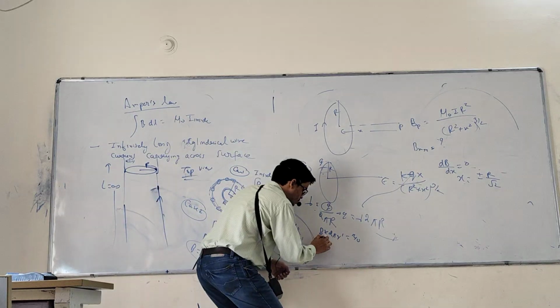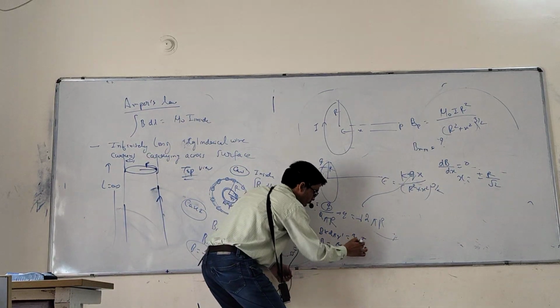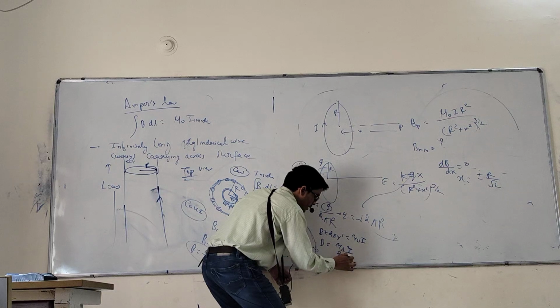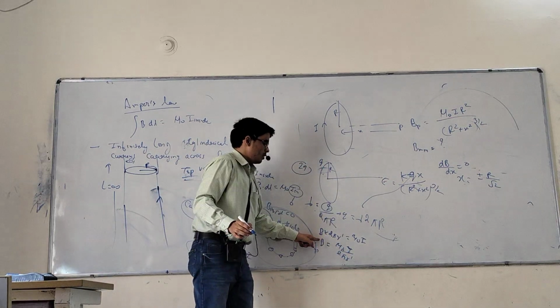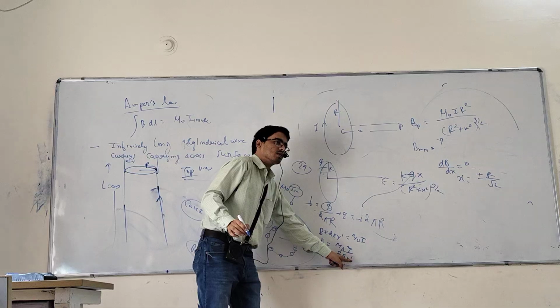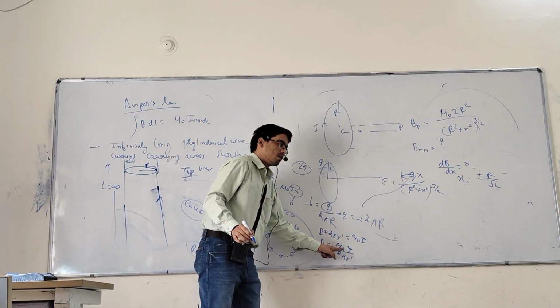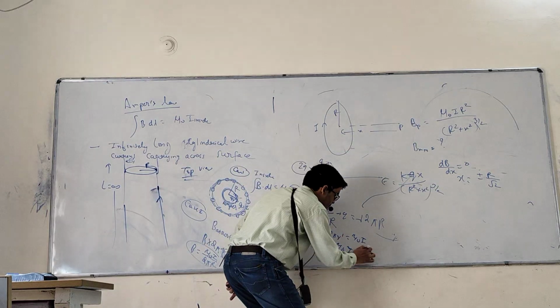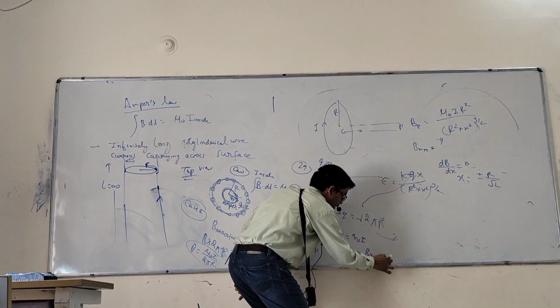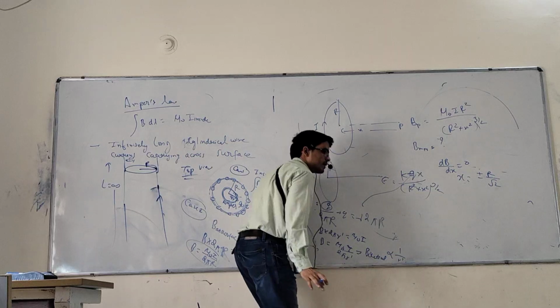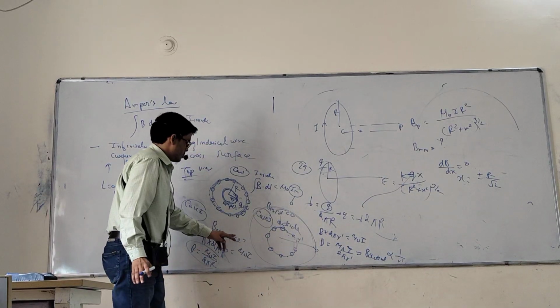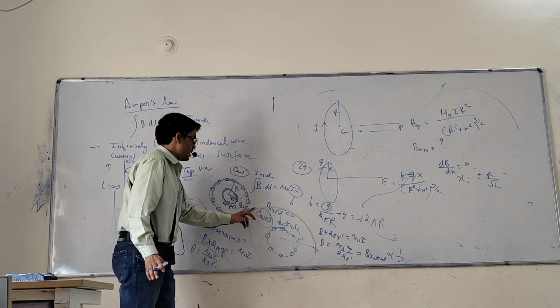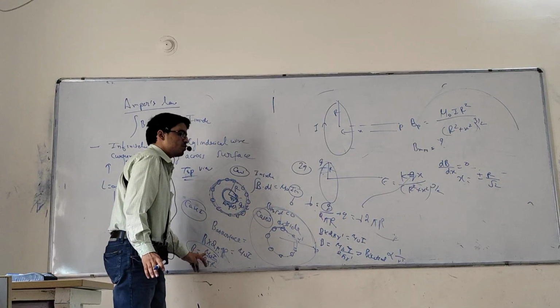So remember, B equals mu naught I by 2 pi R dash. Again now B is varying with 1 upon R dash, because mu naught, current, 2 and pi are constant. It means B outside is inversely proportional to R dash, and B inside is 0.